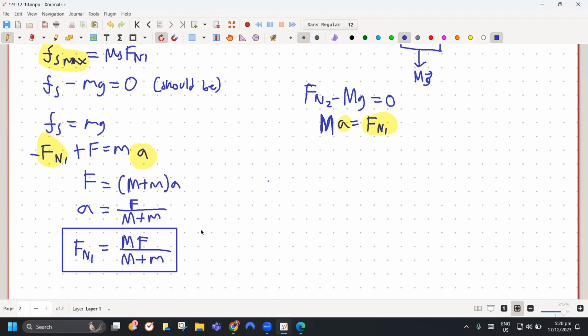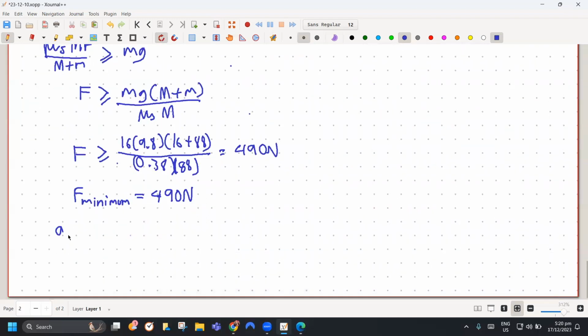Ngayon, i-substitute mo yung nakuha nating restriction, yung minimum big F. So a minimum equals. Wag mo na mag-substitute ng numbers. Gamitin mo yung expression. May expression tayo for minimum F eh.